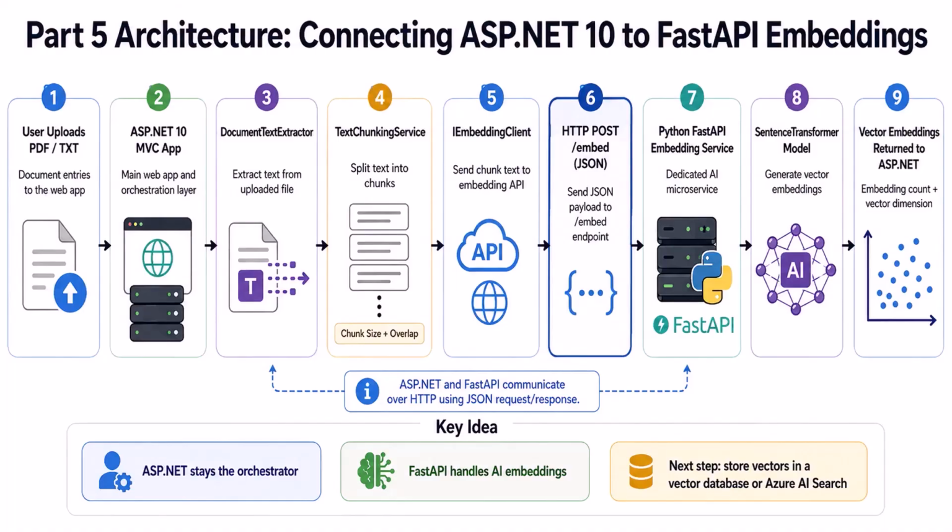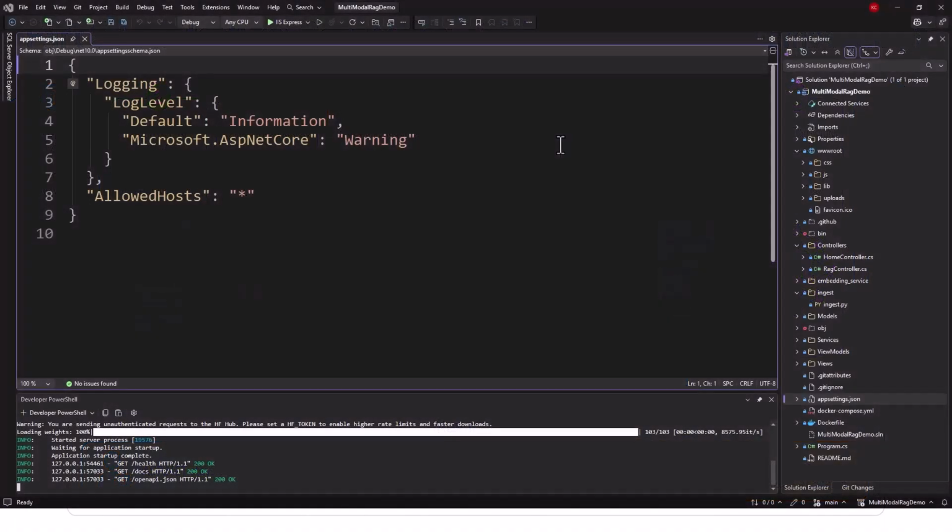FastAPI returns vectors as JSON, and ASP.NET displays whether the conversion was successful. Now, FastAPI's request-response model is a natural fit here because the client sends a JSON request body and receives a JSON response body. So I have appsettings.json open before me so that I can update it.